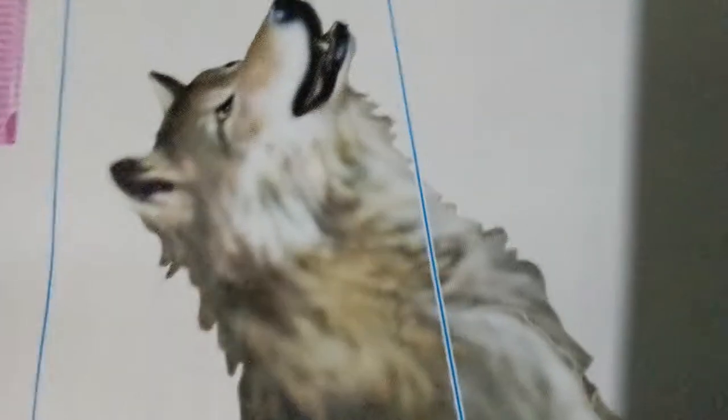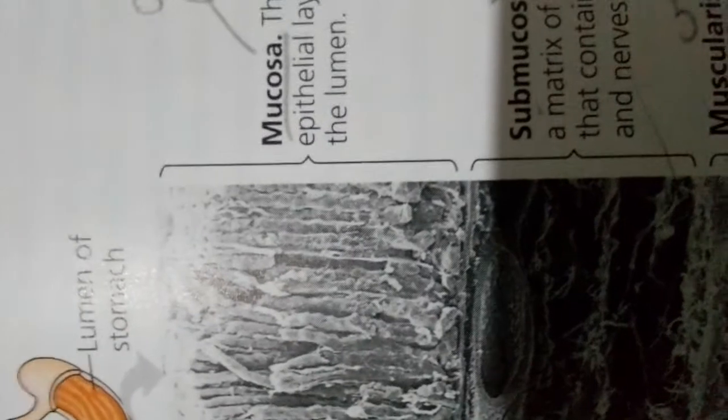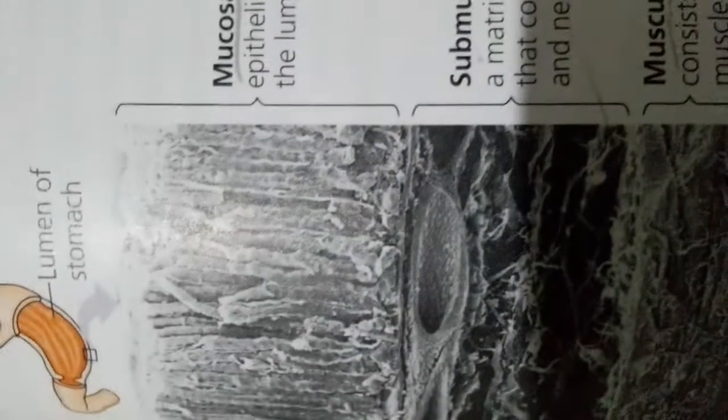For example, the vertebrate stomach has four major tissue layers. The first one is the mucosa. The second layer, as shown in this figure, is the submucosa. The third one is the muscularis, and the fourth one is the serosa.